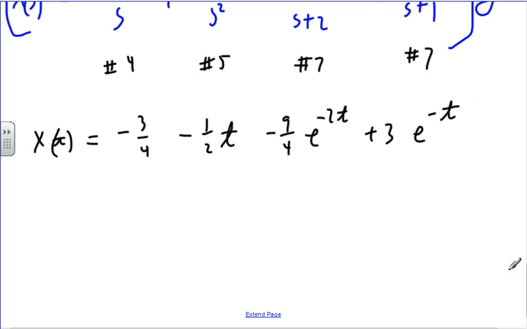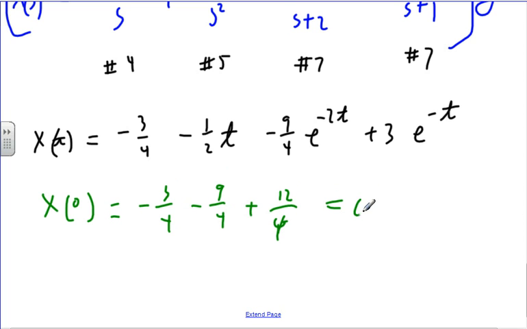Okay, now we go into checking work. X of 0: minus 3/4, that goes away, minus 9/4 plus 12/4 is 0. Check. Was that guy 0? Yeah, it was. Okay.